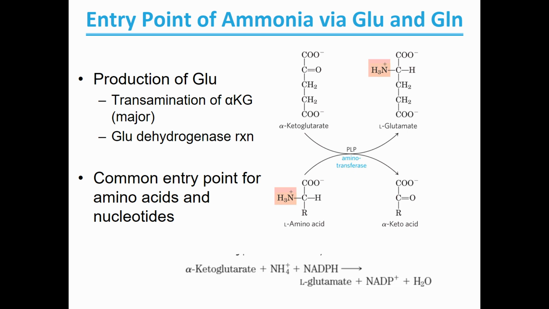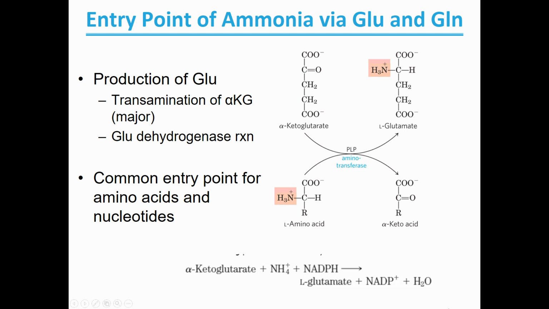And our first reaction is using the enzyme aminotransferase. So you should recall that there are multiple aminotransferases depending on which amino acid. So it's named for the amino acid in which we're removing that amine group.